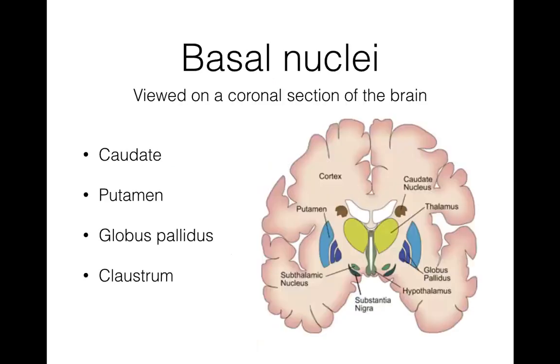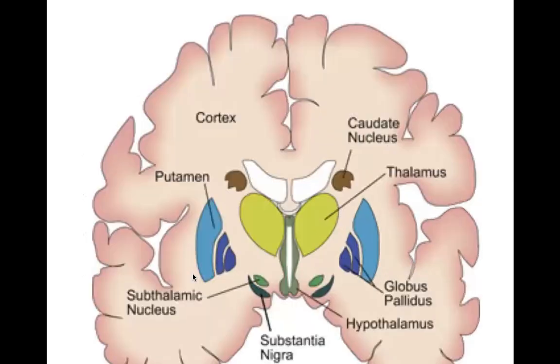If we take a coronal section now of the cerebrum, we would be able to view the basal nuclei that are embedded in the white matter. So the basal nuclei include the caudate, the putamen, the globus pallidus, and the claustrum. Let's enlarge this particular diagram.